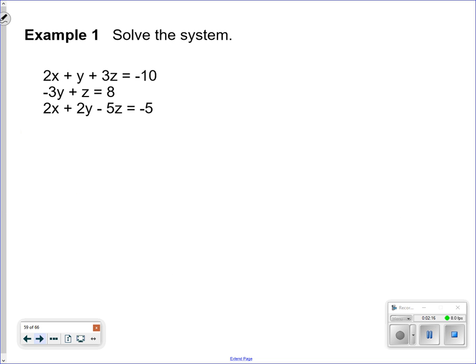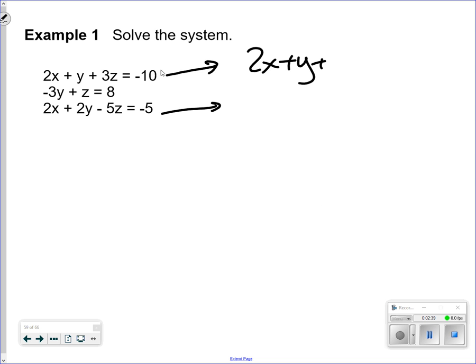Notice the middle equation only has two letters. So I want to take the top equation and the bottom equation and get rid of that same letter. I want to get rid of x because the middle equation doesn't have an x. So I'm going to take the top equation and leave it the same.